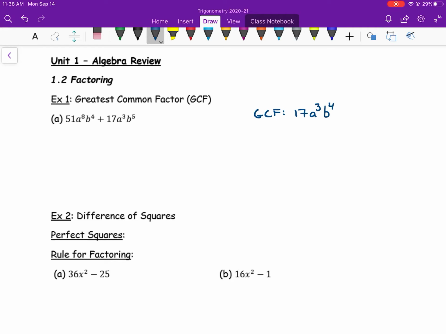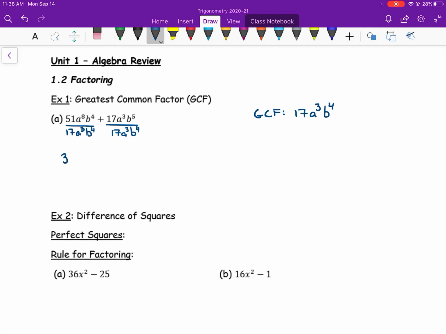From here, I'm going to take each term and divide by my greatest common factor. Factoring is basically division. So 51 divided by 17 is going to give me 3.